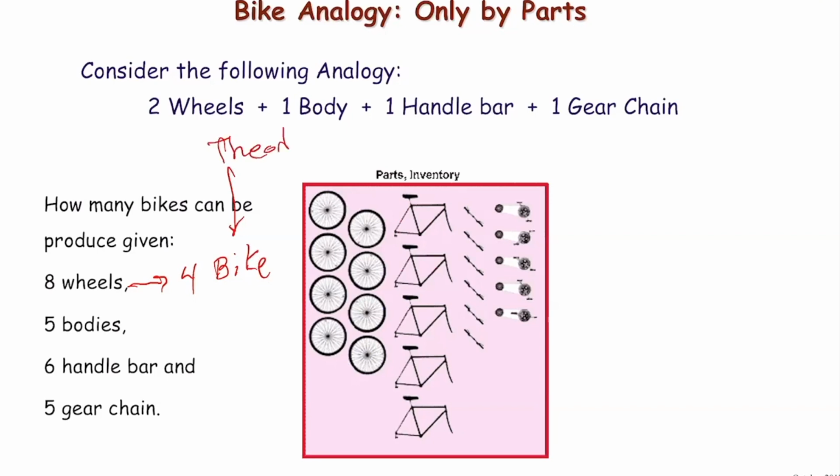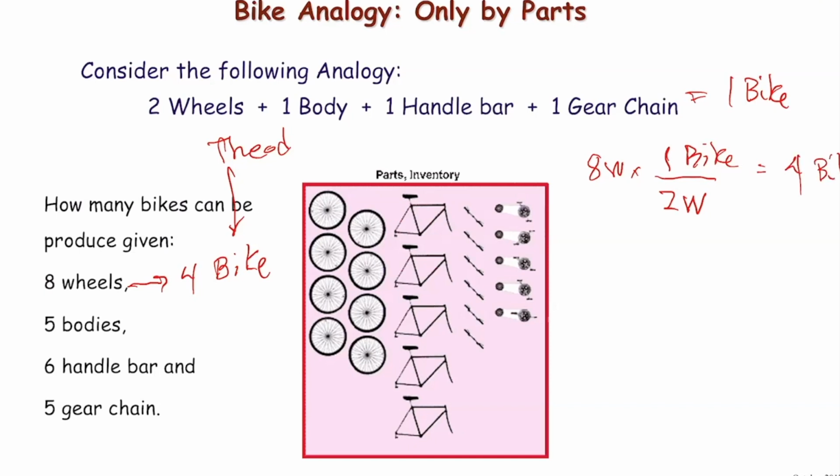Theoretical just tells you potentially how much you can produce, if you had unlimited parts of the others. 8 wheels, and here is the conversion factor, we know that 2 wheels equals 1 bike, so I can potentially make 4 bikes.